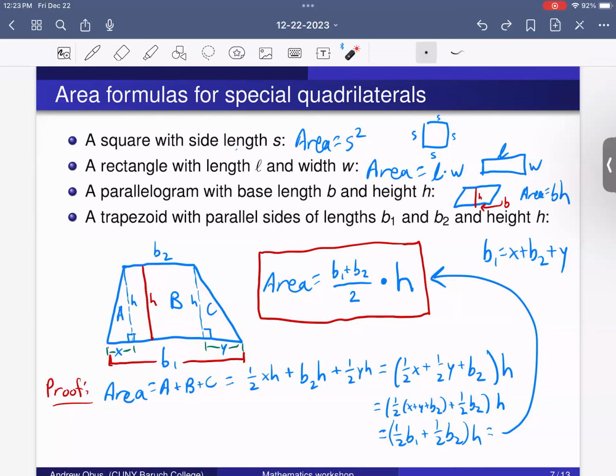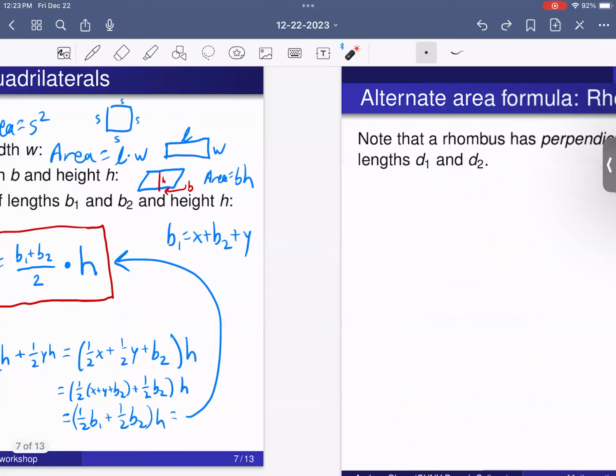Maybe it's better if you type your question into the chat because it's not so clear. All right, let me move on for now.